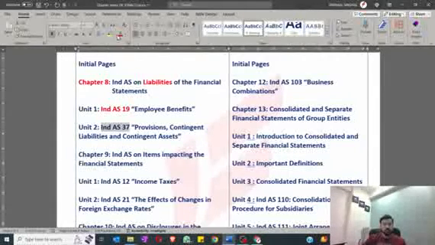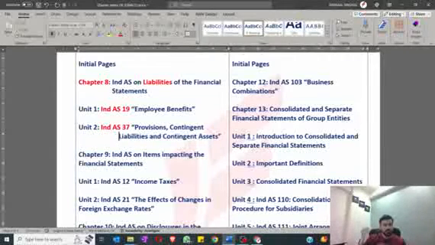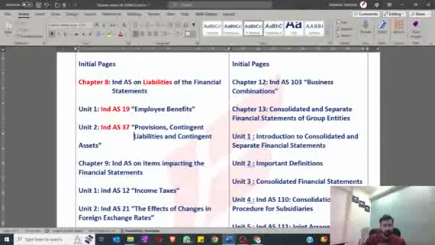Ind-AS 37 is also very important. It covers provisions. You must have heard a lot about provisions while doing accounting. You must have made provisions for various things. A very common example of provisions is provision for outstanding expenses.